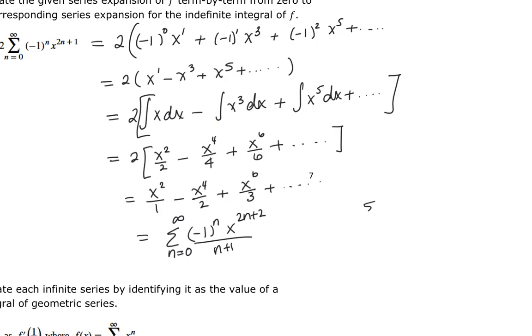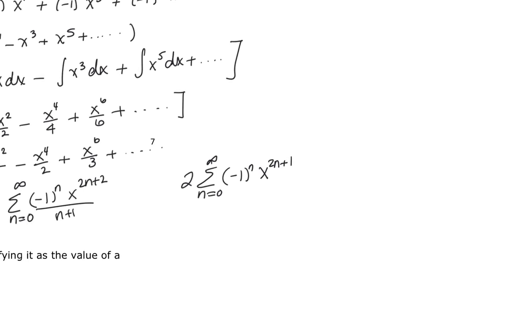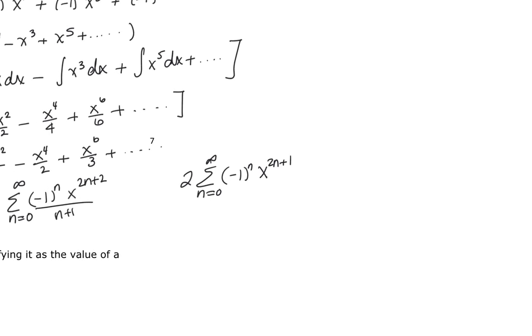So I have the summation of n equals 0 to infinity of negative 1 to the n, x to the 2n plus 1. Now I have this 2 out front as well. If I were to integrate this, and I'm going to write this as x to the 2n plus 1, now we're integrating this with respect to x instead of with respect to n.